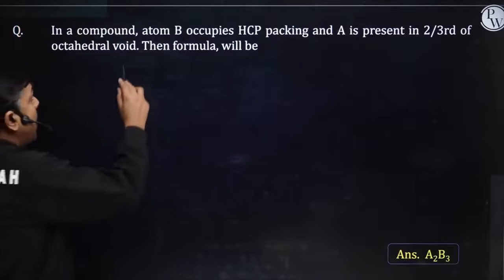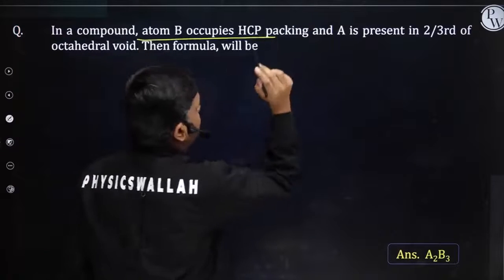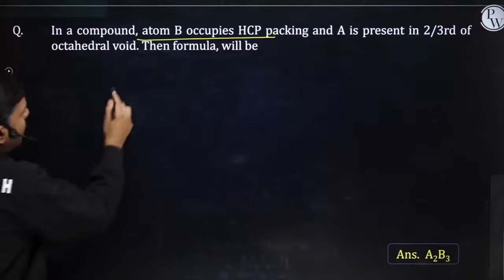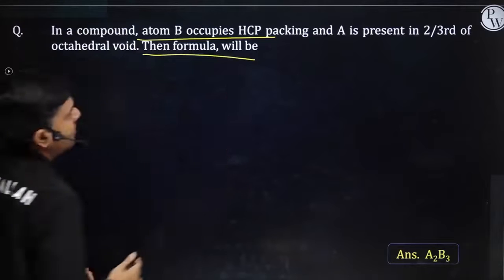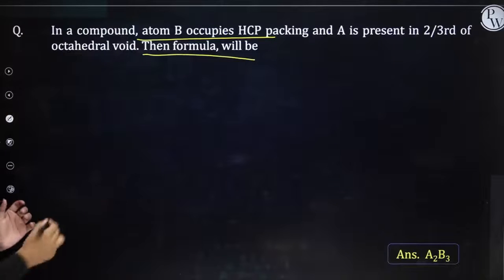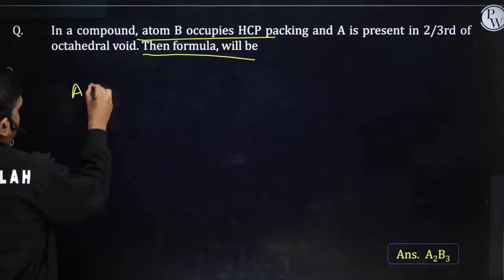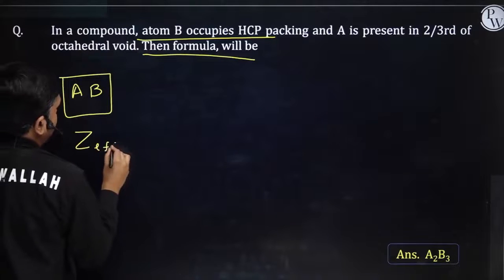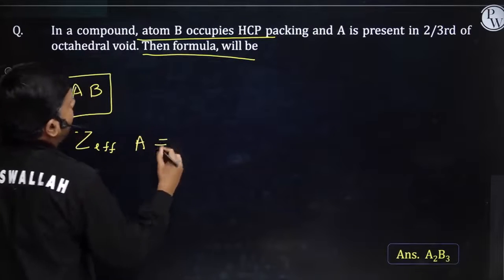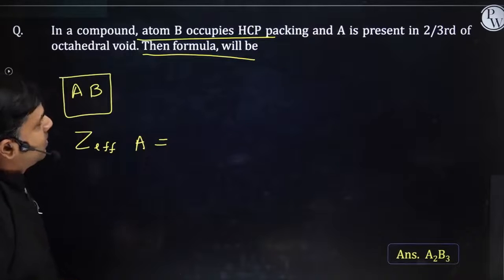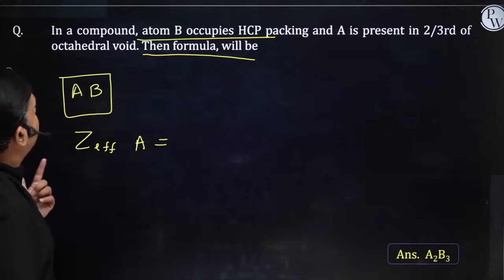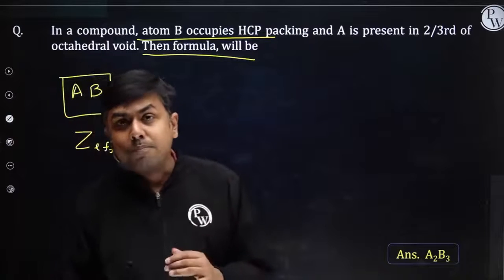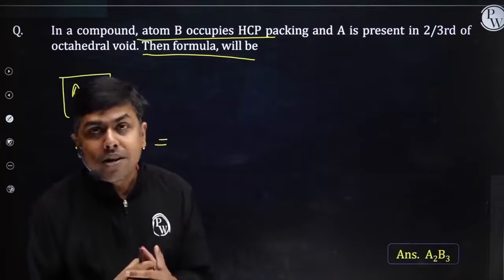In a compound, atom B occupies HCP packing. A is present in 2/3 of the octahedral voids. Then the formula? I'm having a compound AB. Student, what's Z effective of A? A is present in 2/3 of the octahedral voids. It's HCP packing, and in case of HCP packing, the number of octahedral voids is 6.